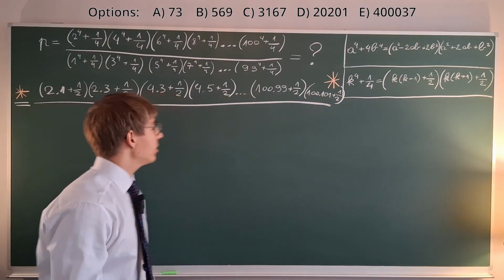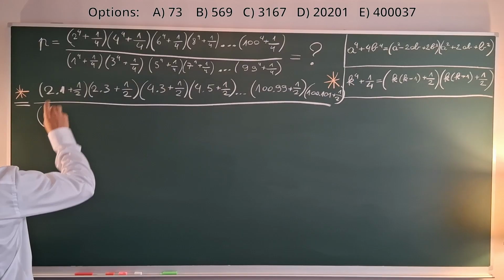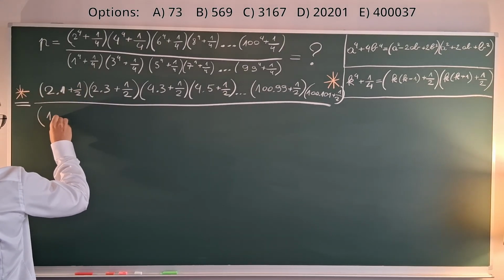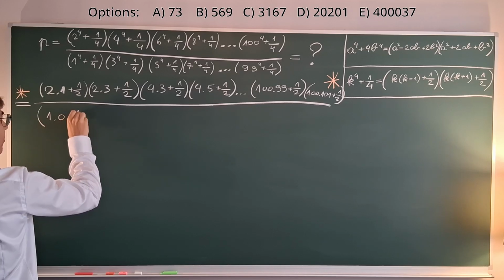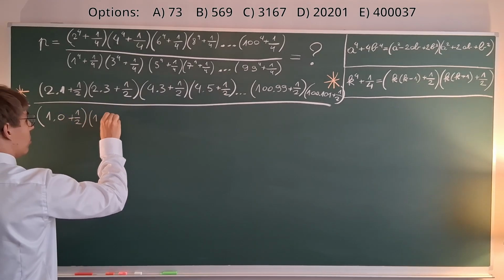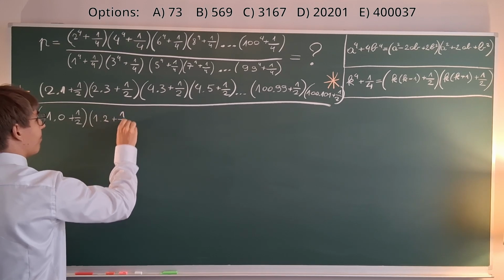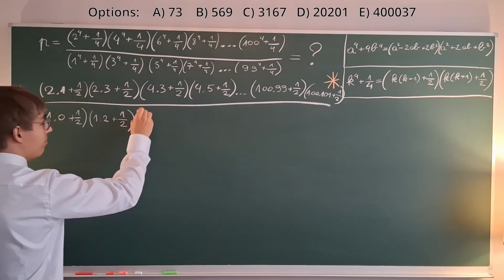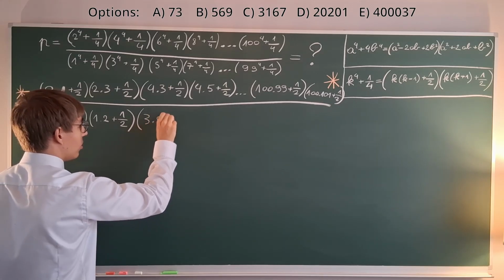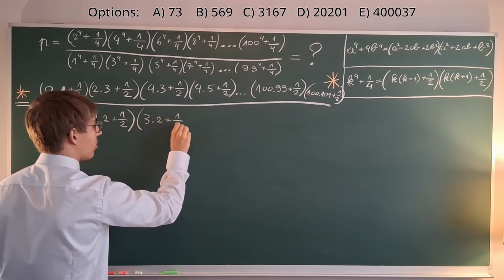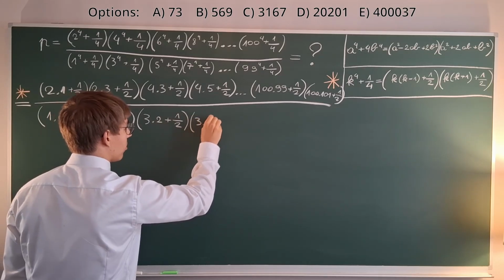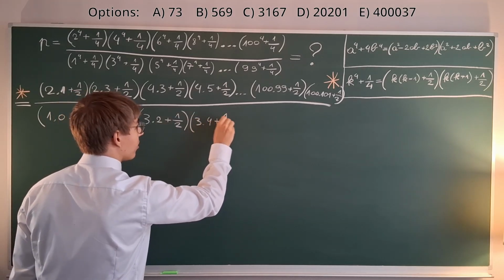Now in the denominator, we will get the 1, so it will be 1 times 0 plus a half times 1 times 2 plus a half. Then the 3, which will give us 3 times 2 plus a half times 3 times 4 plus a half.